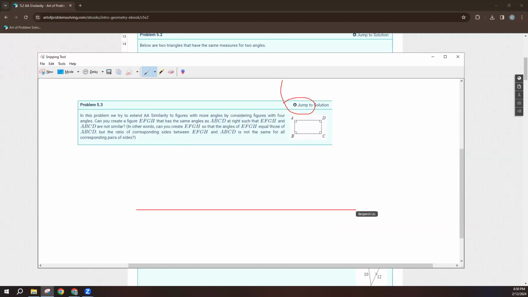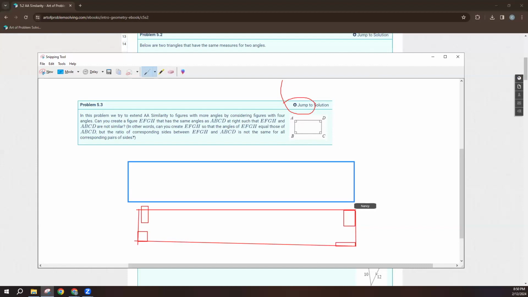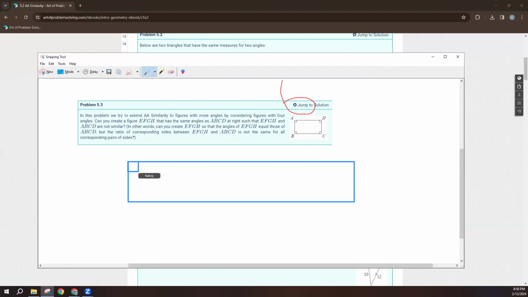We have a shape that's going to be, sorry, not similar. It's going to be matching the criteria of having the same angles. So all of the angles, A, B, C, and D, are right angles. But if we were to measure the side lengths, the ratios would not be the same. And so we don't have a similar shape.